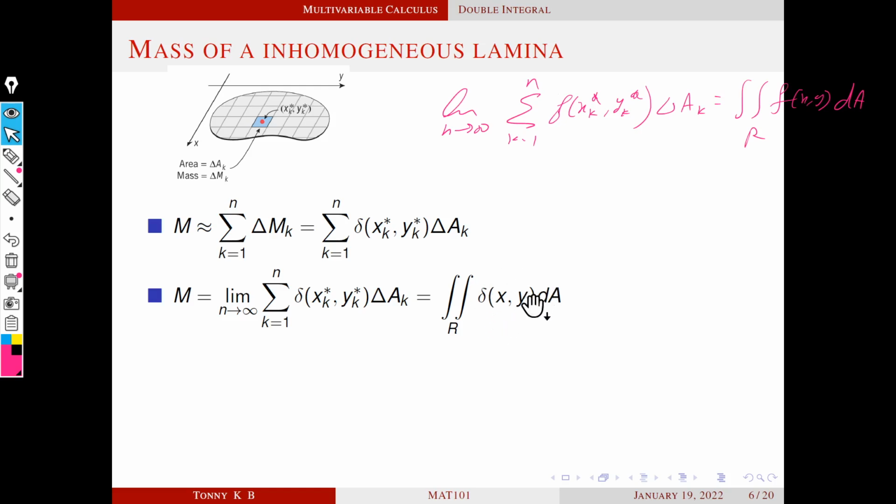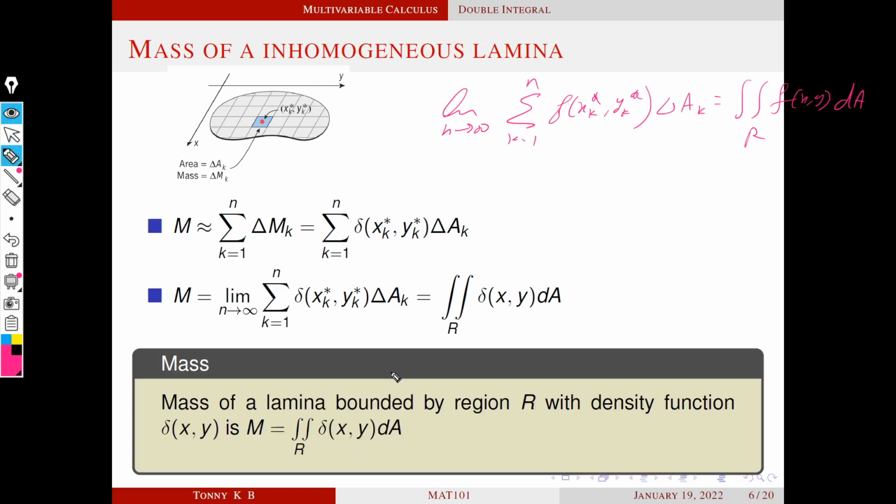If you know the density function of the lamina, then you can easily find its mass by using this double integral. So this is another interpretation of our double integral: the mass of a lamina bounded by region R with density function delta(x, y) is the double integral over R of delta(x, y) dA.